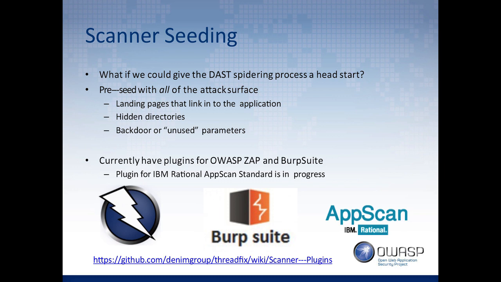So if you have applications, for example, that have landing pages that link back into the application, but where there's never any navigation that goes back out. You see that in a lot of sites, like event registration, where you have landing pages where you want people to submit information, but you don't necessarily crawl back out. You also have situations of hidden directories, right?